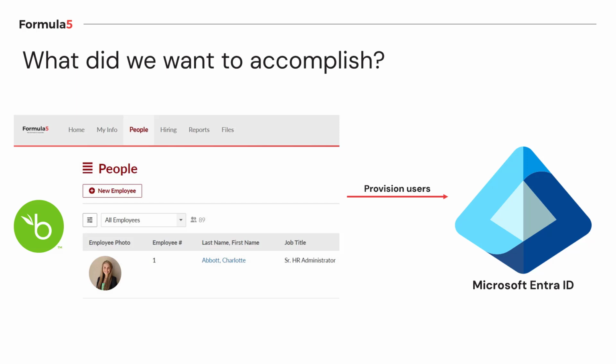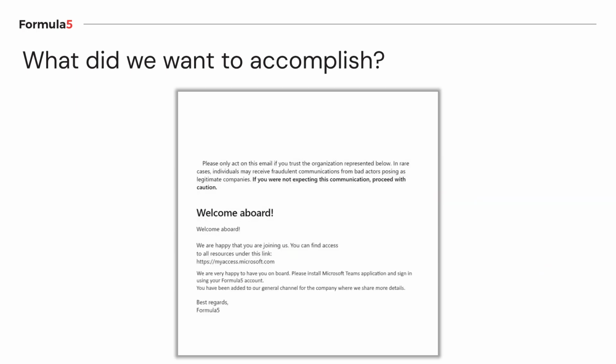For that, we used an attribute called hire date, which I will show you. Once the employee is added in BambooHR, we want to automatically provision a user account in Microsoft Entra ID. We would also like to send a welcome email to such a user and grant access to specific resources, including Microsoft Teams channels to be more specific.